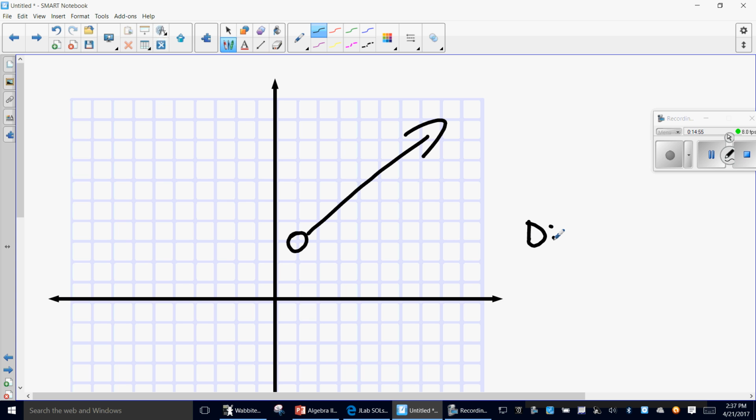So, domain is left and right. How far to the right does he go? Forever. How far left? Where's this stopping point? At 1. I'm at 1 on the x-axis.